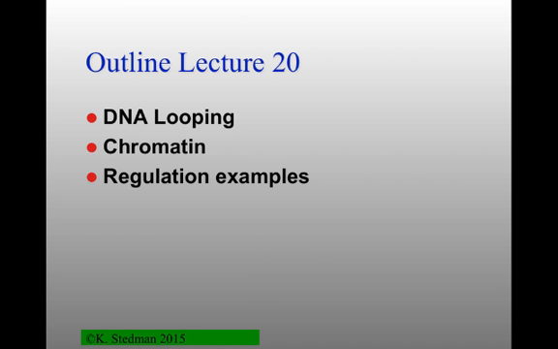Then, most of the time, we're going to talk about chromatin, exactly what you have to deal with when you're looking at the eukaryotic regulatory proteins and how those eukaryotic regulatory proteins have to be used for that process to work properly in gene regulation. And then we'll move into a couple of regulation examples, and I will set my stopwatch to make sure that I don't go far too long because I have too many slides here. So that being said, let's start out talking about DNA looping.